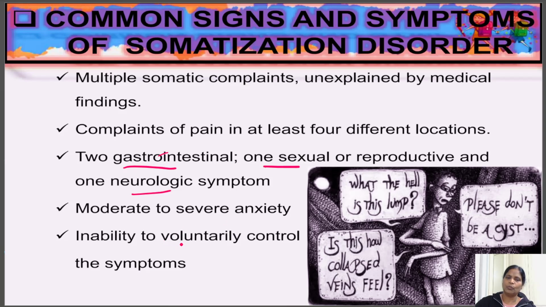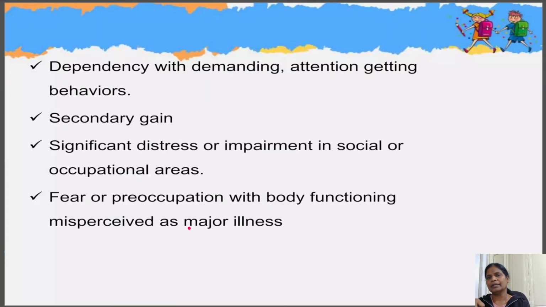There is inability to voluntarily control these symptoms. Even if they want to, they cannot control them, as they are present persistently in spite of their efforts. Apart from that, we have other symptoms like dependency with demanding, attention-getting behaviors.